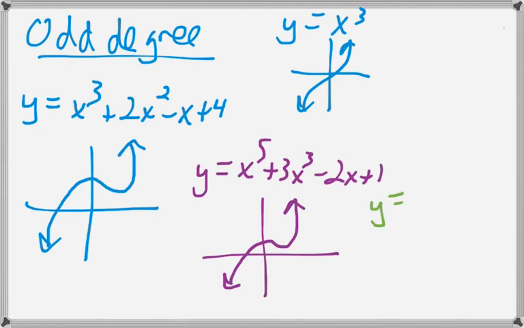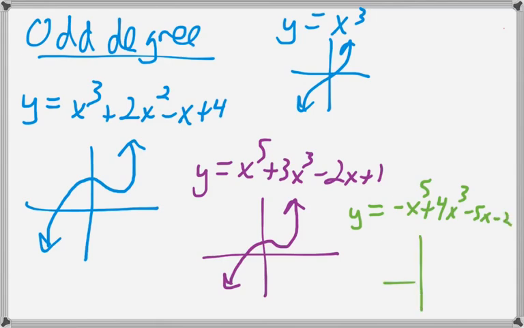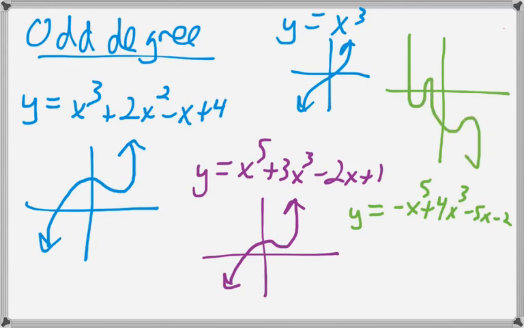This is y equals negative x to the 5th plus 4x cubed minus 5x minus 2. Graph it up here where I have more room. It's not the best drawing on here, but you get the idea.